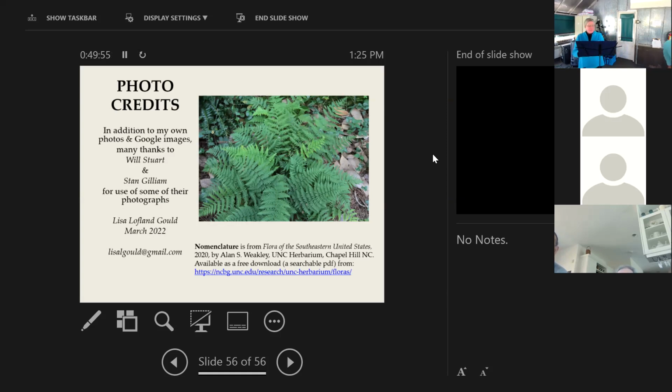Any questions? There on the back of the sheet under non-native potentially becoming invasive. Sorry.